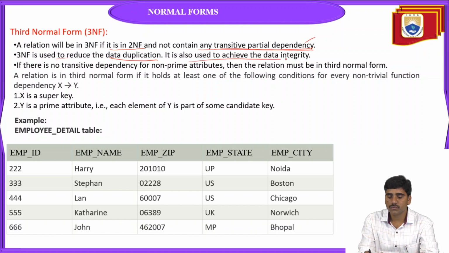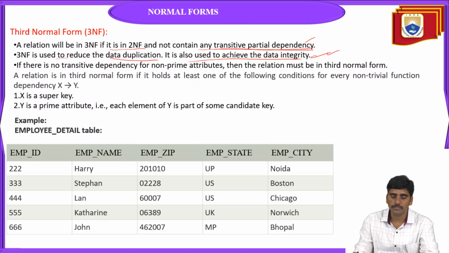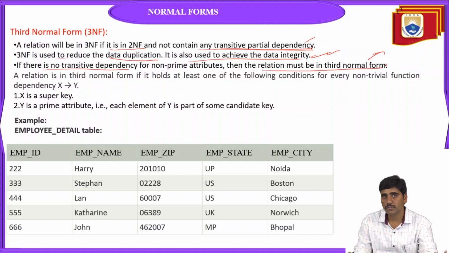It is also used to achieve data integrity. If there is no transitive dependency for non-prime attributes, then the relation must be in third normal form.